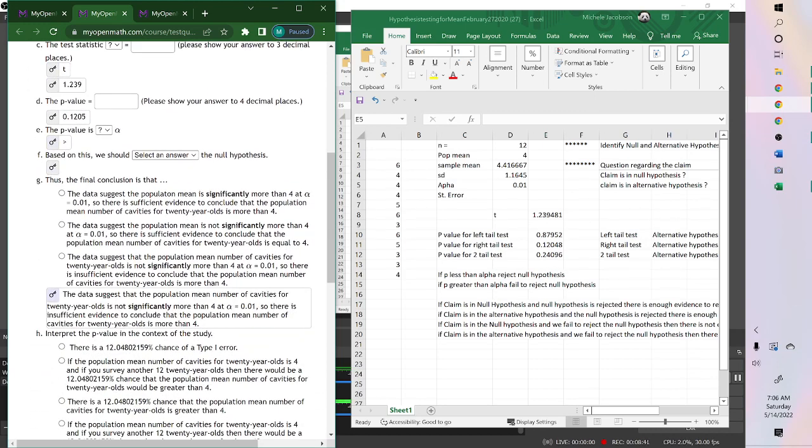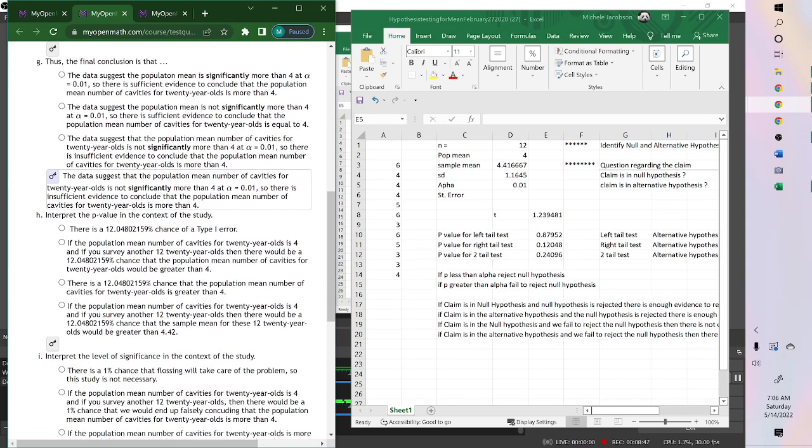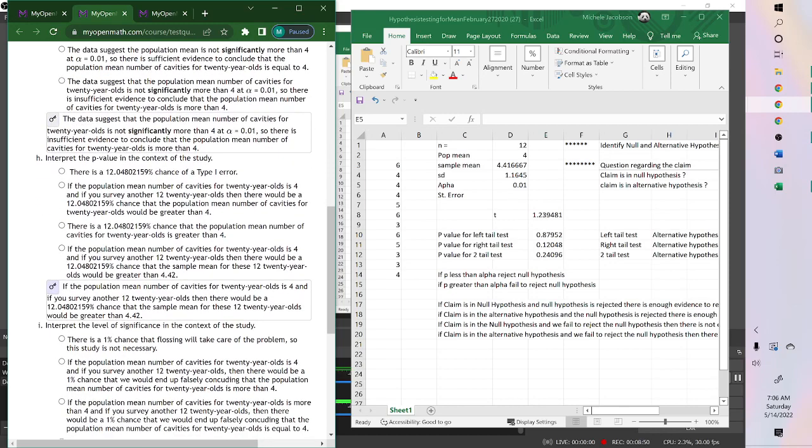The data suggests the population mean cavities is not significantly more. To interpret the p-value, if the population mean number of cavities is 4 in the survey of 12-year-olds. Now here they're multiplying it by 100 to get the 12.048.